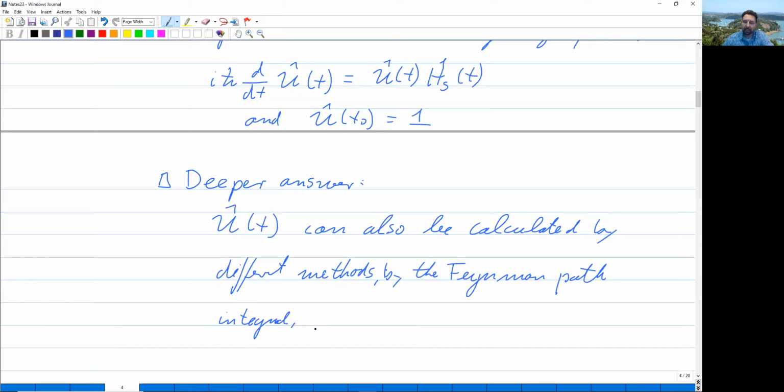And this gives us a complete reformulation of all of quantum mechanics, yielding a complete reformulation of actually not just quantum mechanics, but all quantum theories.